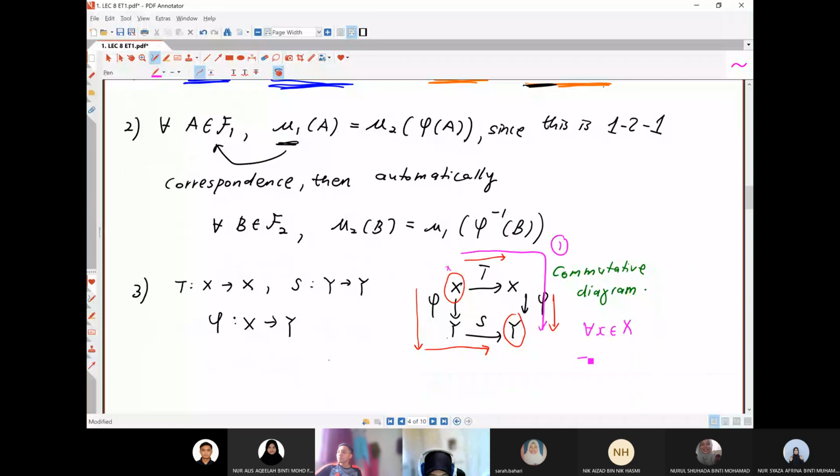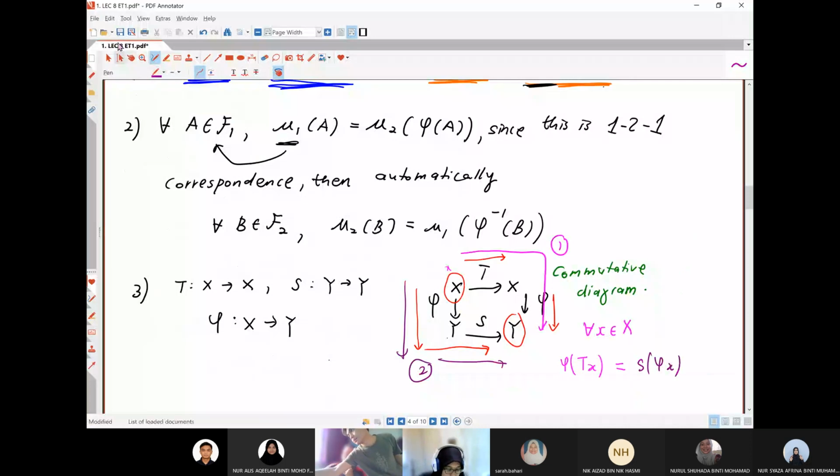T, right? So you will have T of x, and you apply phi, because you want to go from here. This is equal to the other one: either you go this way, you apply phi first, phi of x, and then you apply S. Is that okay? This is path number 2.